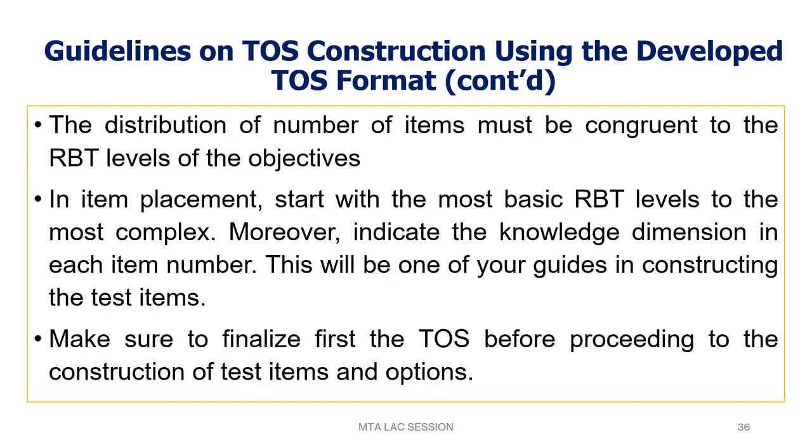The same applies in arranging the item numbers, or the item placement, in our TOS. As we assign numbers to the items, it should be the simplest one first, going to a more complex, to the most complicated and most complex.